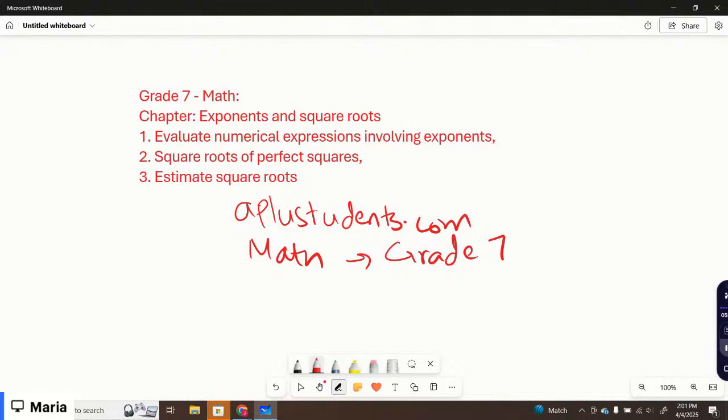We're going to start with the chapter exponents and square roots. The lessons we're going to cover today are evaluate numerical expressions involving exponents, square roots of perfect squares, and estimate square roots.